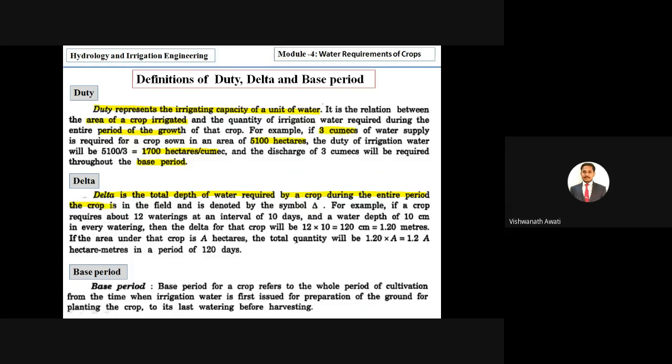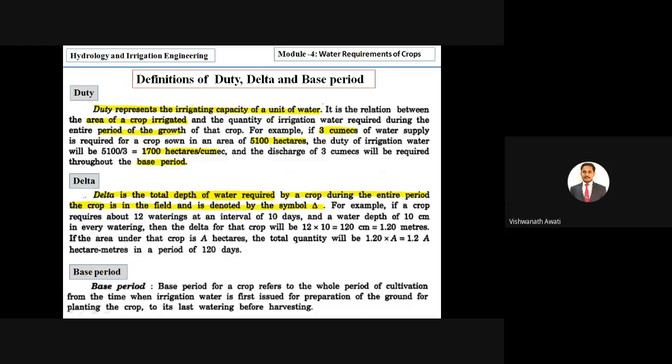The entire period of the crop means from planting to harvesting of the crop in the field, and it is denoted by delta.